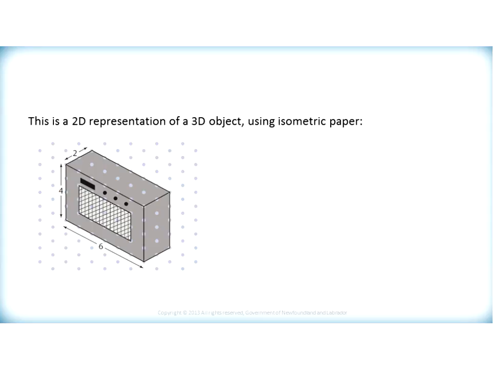I've just gone and traced the original object onto the dot paper. And you can see that the dots are kind of offset from each other. So they don't form an up and down, left, right grid, but they actually form what looks like diagonal lines on the grid. And that helps us to draw three-dimensional objects. So the dimensions for the object here: the length is 6, the width is 4, and the depth is 2.